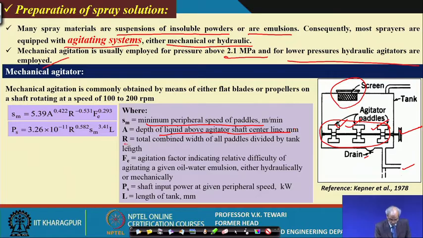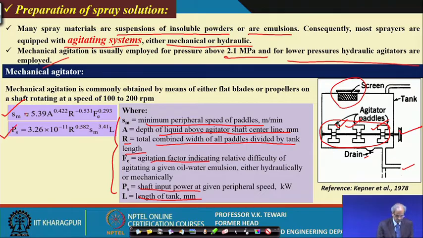Then R is the total combined width of paddles divided by tank length. These are some of the empirical equations, so all these parameters have been taken into consideration. Then Fe is the agitation factor, Ps is the shaft input power, and L is the length of the tank. Using these, there are two expressions available for you.